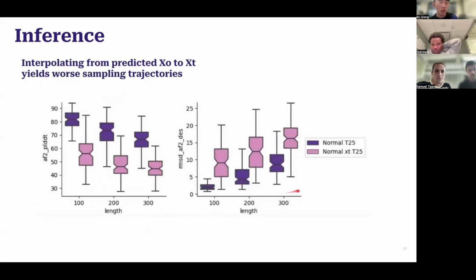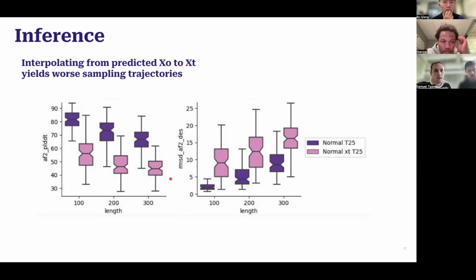And so, yeah, this is just an ablation to show that, like I just mentioned, conditioning on XT during the reverse process actually seems to hurt the network more than it helps. And so we went for not the interpolation formula, but just the stochastic formulation, similar to how the forward process works.